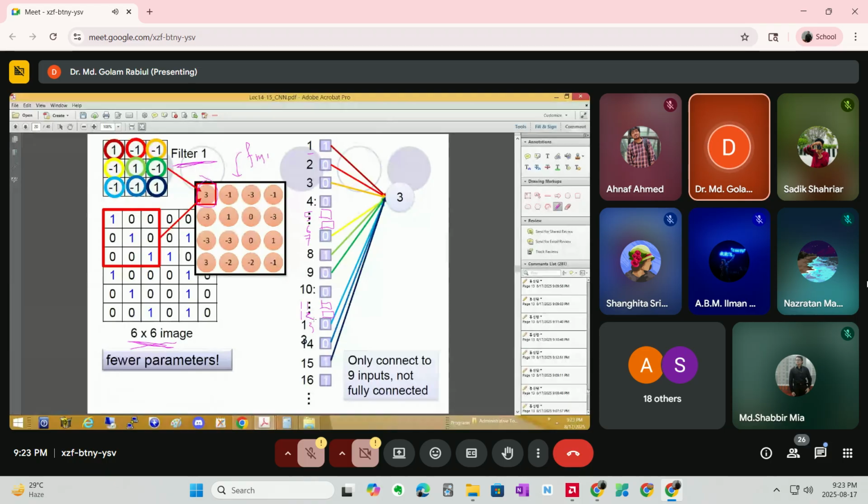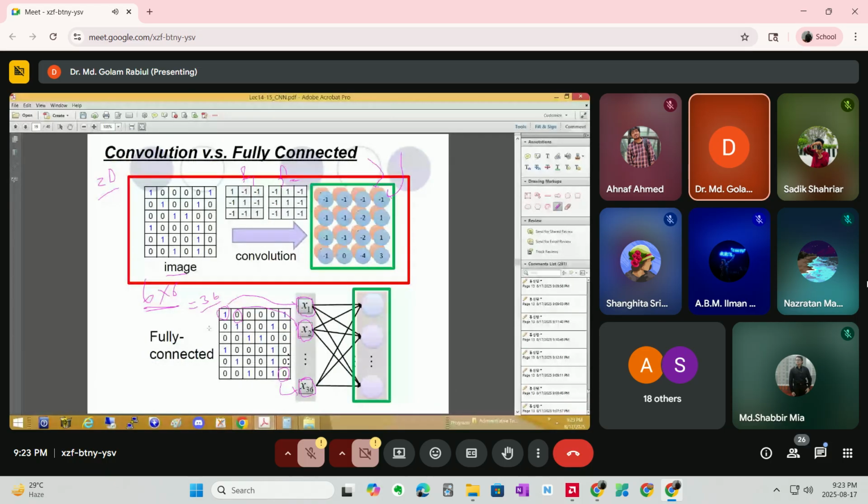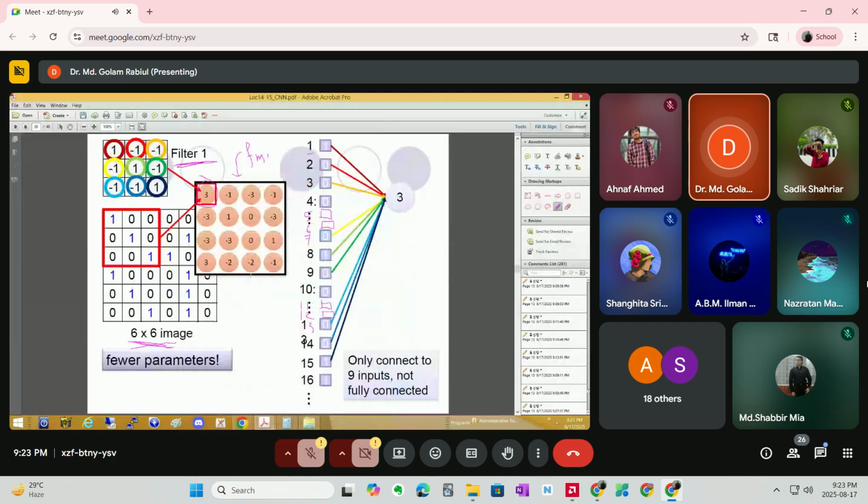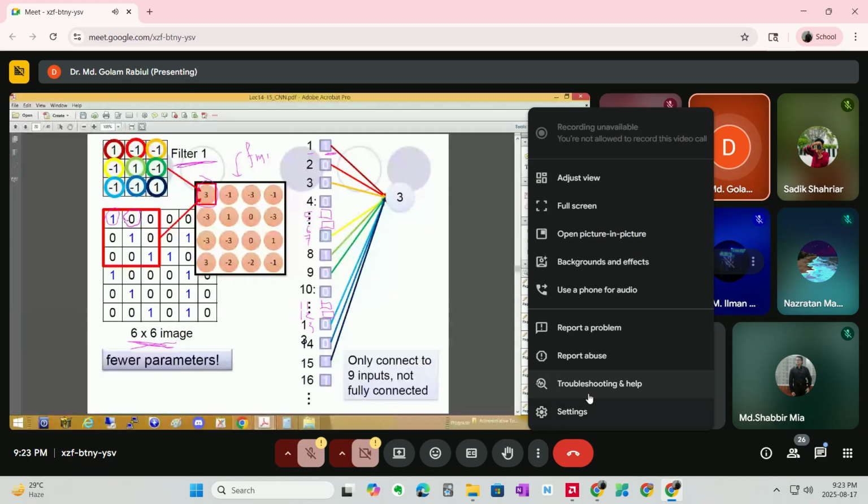So for the input, in the fully connected version, the first position is 1, then the second position is 0, third position 0, fourth position 0.